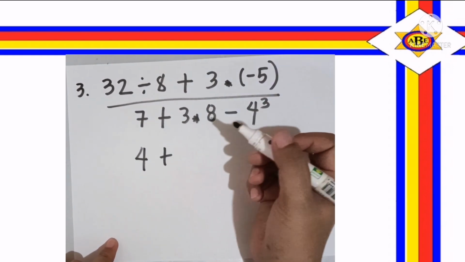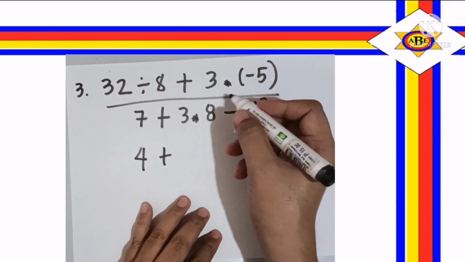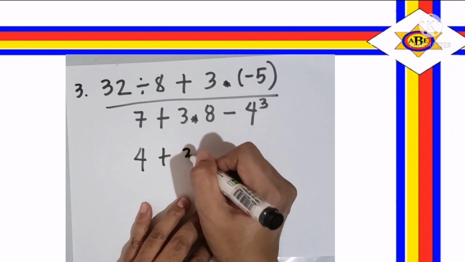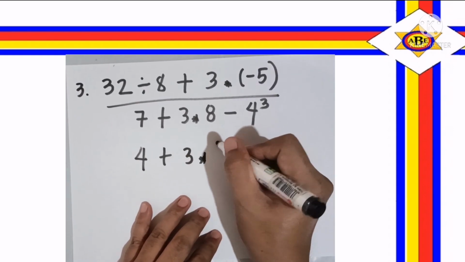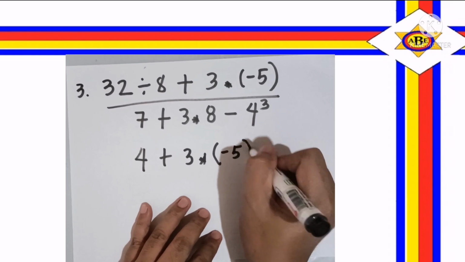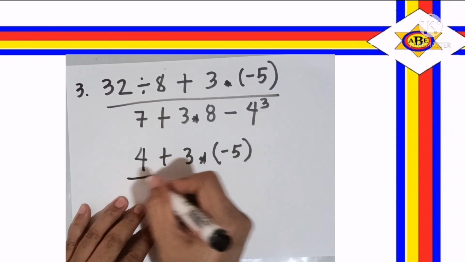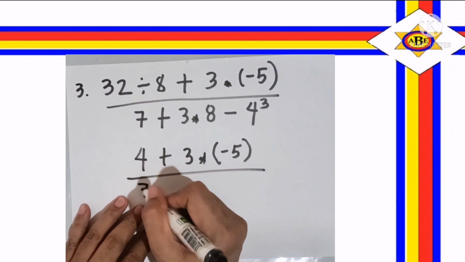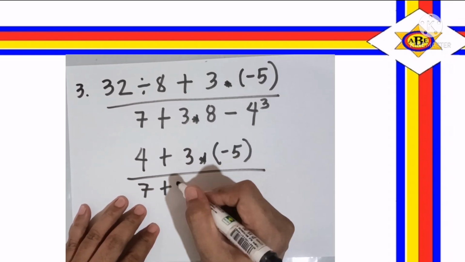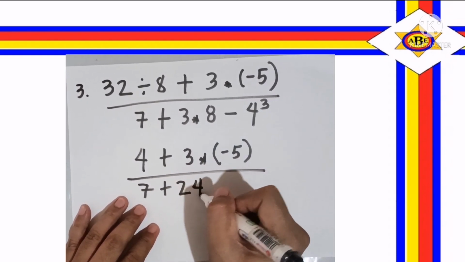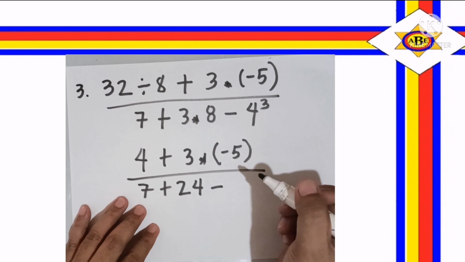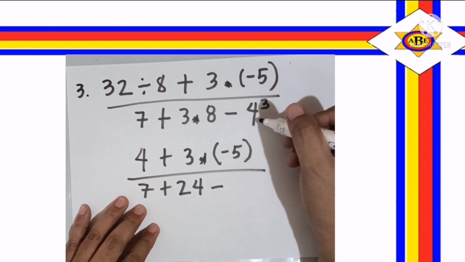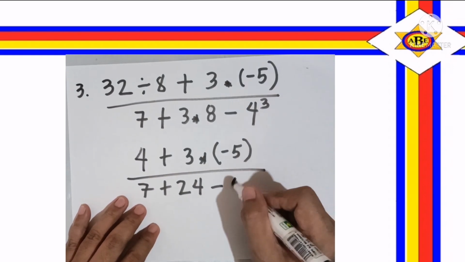So, 3 times, actually, you can shortcut it, but I'm going to copy it first so that others can follow. Then, we have 7 plus, this is 24, minus, this one, 4 times 4, 16, times 4, that is 64.